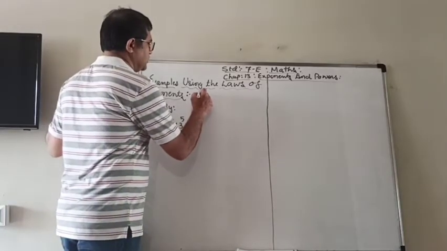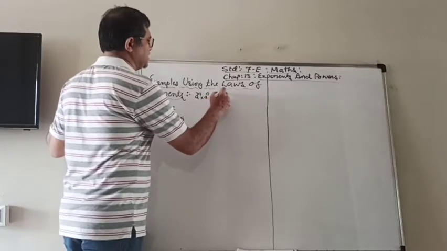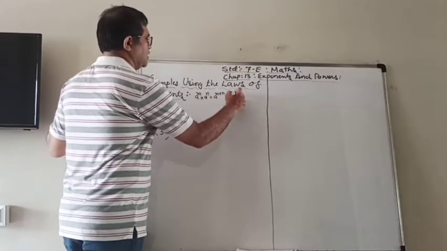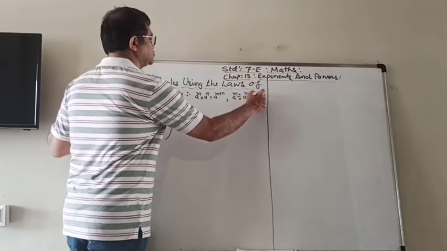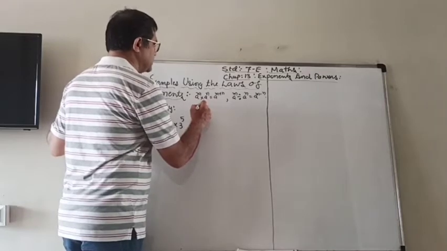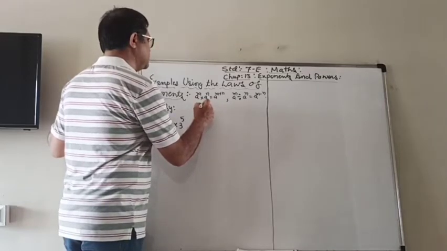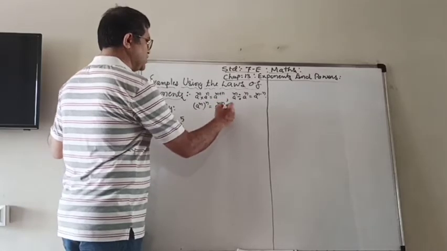The laws are: a raised to m into a raised to n is equal to a raised to m plus n. Then a raised to m divided by a raised to n is equal to a raised to m minus n. Then (a raised to m) raised to n is a raised to mn.